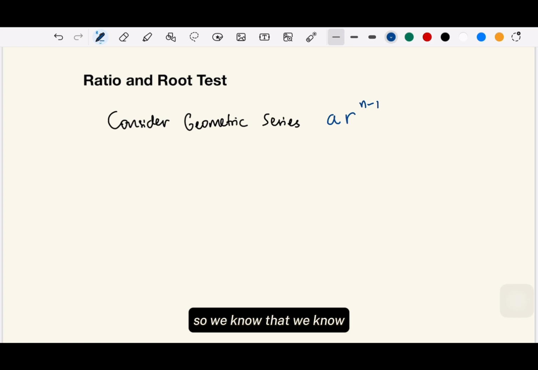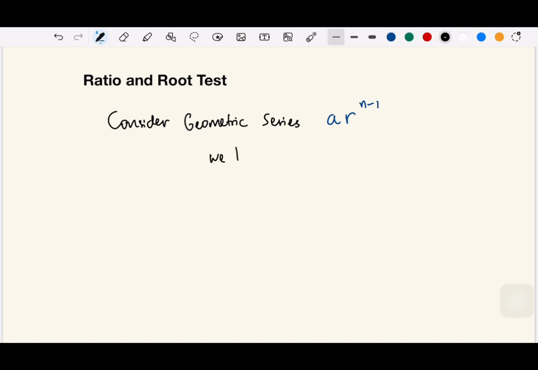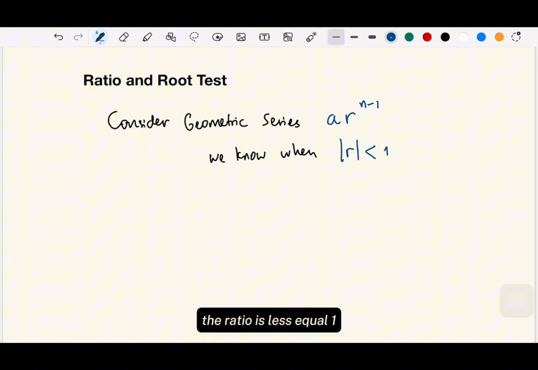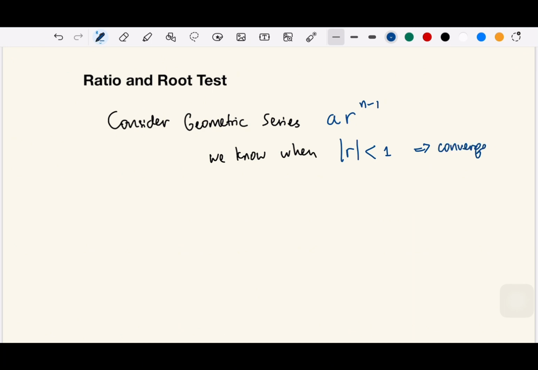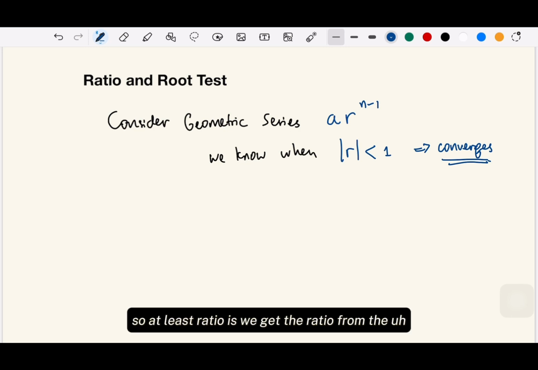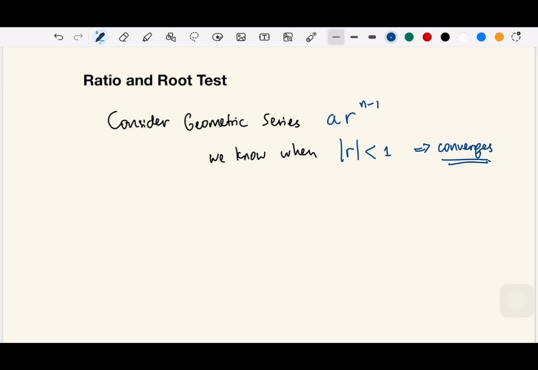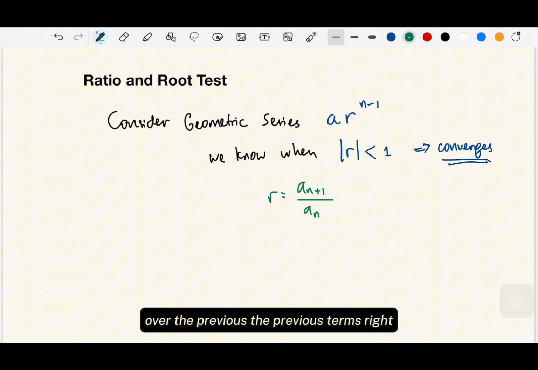So we know when the ratio is less than 1, it will converge, right? The ratio is what we get from the term over the previous term, right?